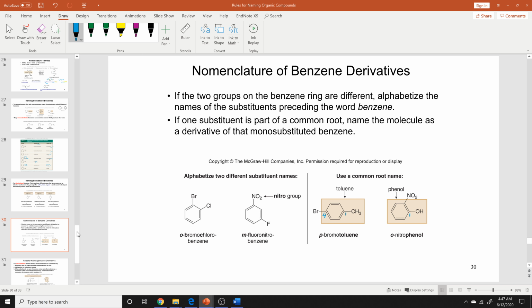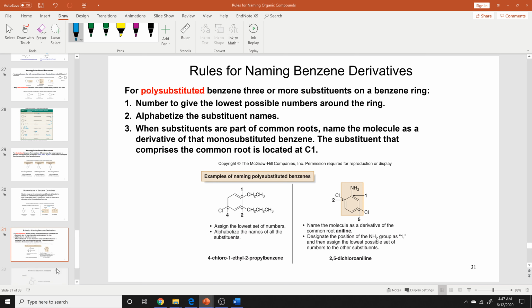Whenever positions 1 and 2 are occupied, this is called an ortho. And again, phenol is a part of a common root. The common roots are basic, you can easily count them. Toluene is one of them, phenol is another one. So here in this case it's going to be ortho-nitrophenol. We don't use numbers.